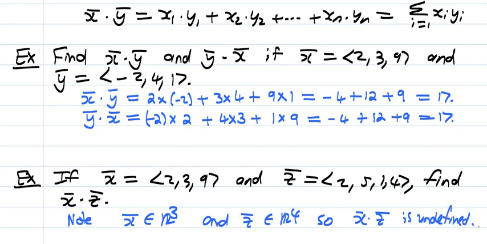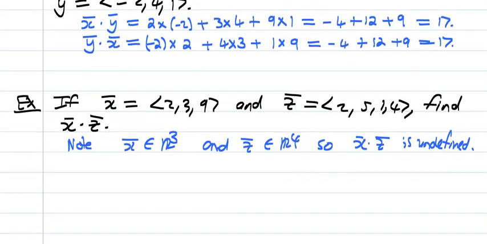So you got to know your definitions quite well, and the dot product only works if the vectors are coming from the same dimension. So because x is 3-dimensional and z is 4-dimensional, it's nonsensical to talk about x dot z. Alright? So you can only do the dot product if the vectors are from the same dimensions.